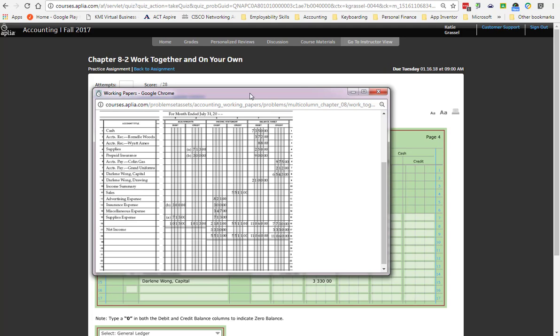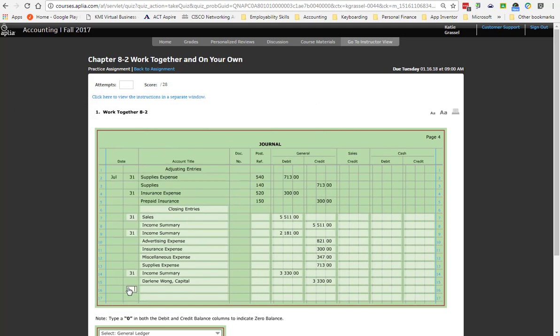Debit it or credit it? Credit. I'm going to put the date of the 31st. Darlene Wong capital is going to go first for $2,100. And then Darlene Wong drawing is going to be credited $2,100.